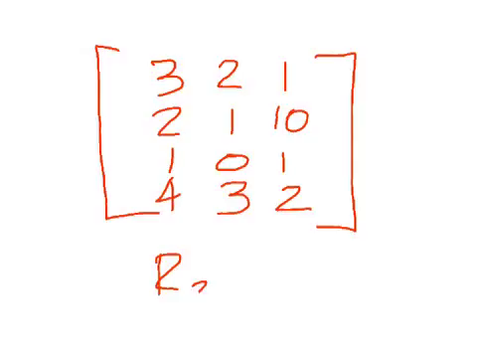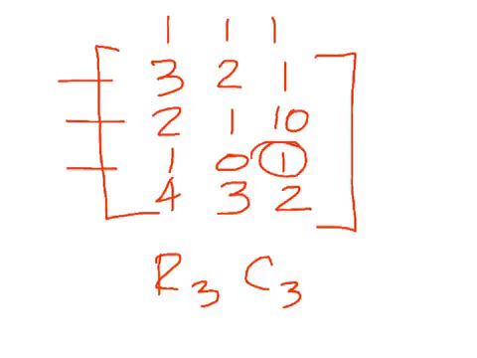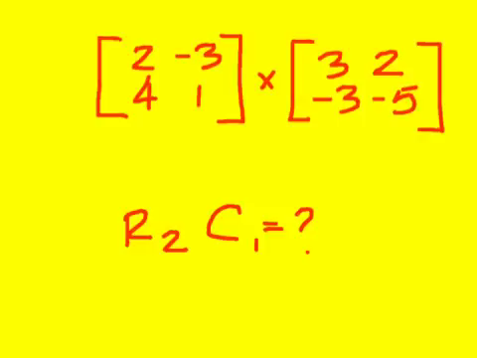So if I ask for row 3, column 3, this is 1, 2, 3 rows, and column 1, 2, 3. So 1 would be the answer. You don't have to bring up the entire matrix on the practice problems. The answer on this one should be 9 in the answer matrix, row 2, column 1.